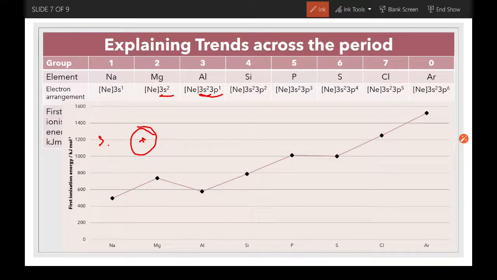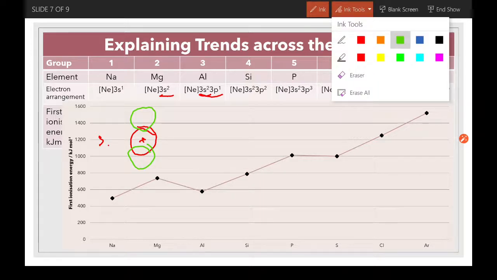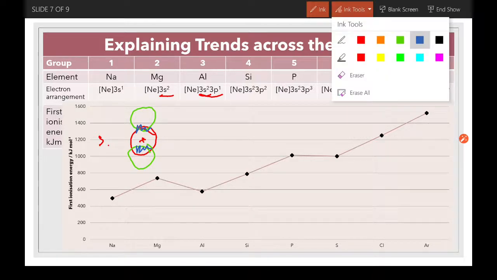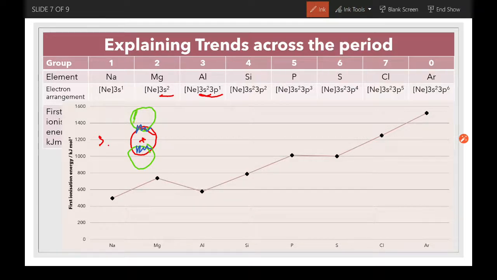We then have a p orbital as well, so I'm going to show that as a green sort of dumbbell shape. Okay, so there are regions in these where the s orbital electrons are going to be shielding the p orbital slightly, and also the p orbital is slightly further from the nucleus, and the electrons in there are going to be shielded by the s electrons.